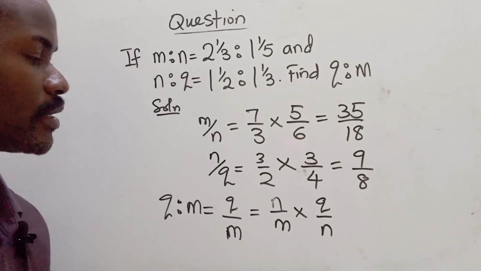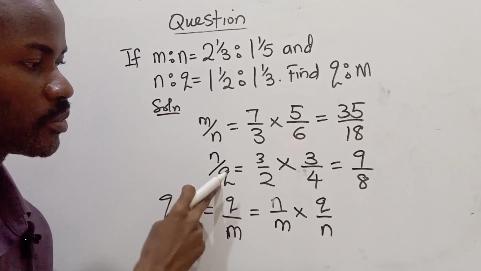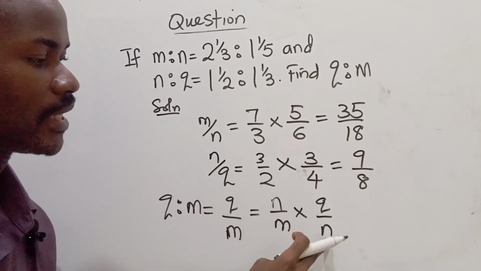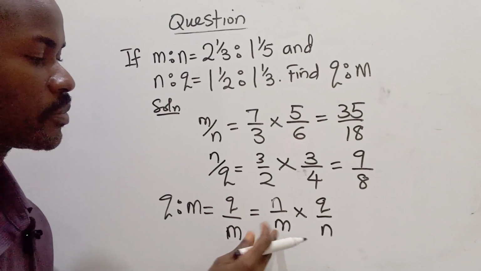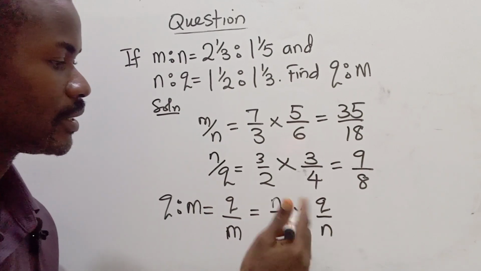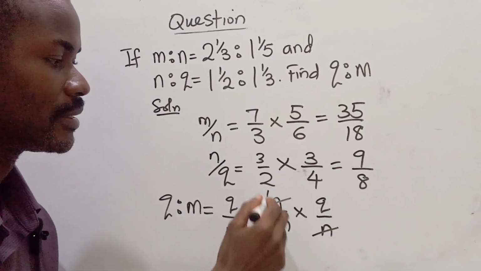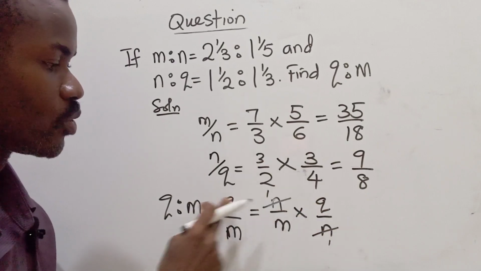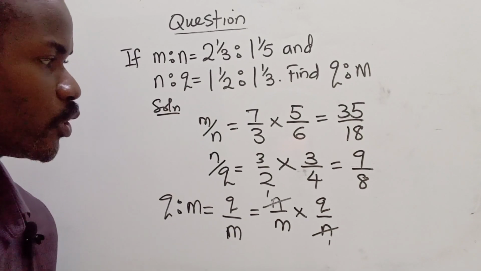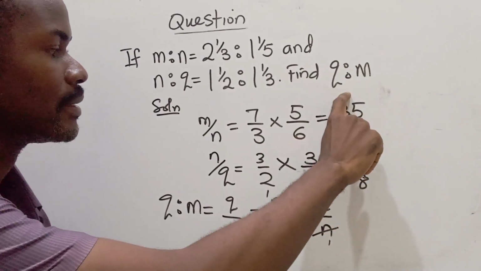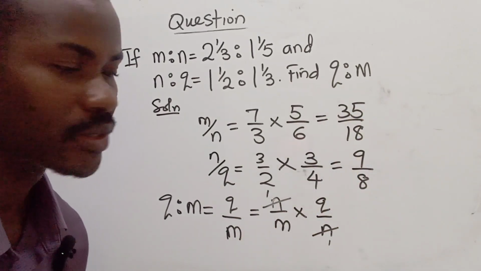When I mean reciprocate, it means q goes up and n comes down, n goes up and m comes down. From this, you can see that n can cancel n. So this multiplies, q times 1 is q, m times 1 is m. So we reciprocate this and reciprocate this and multiply them to get our solution.